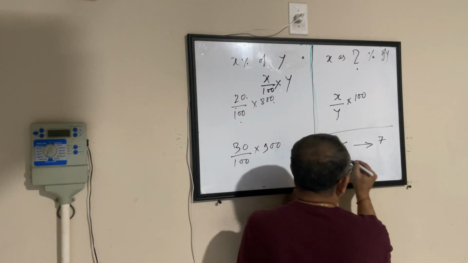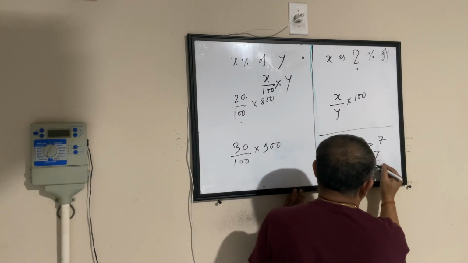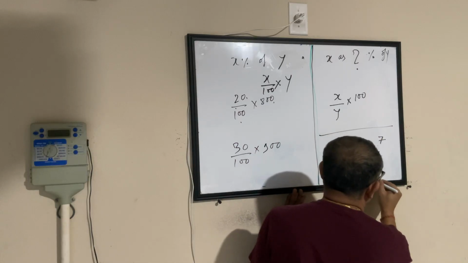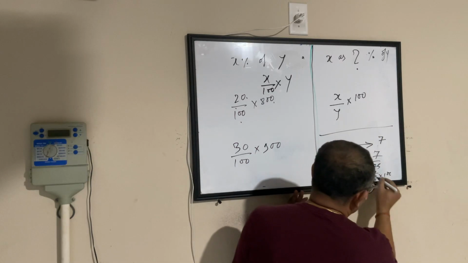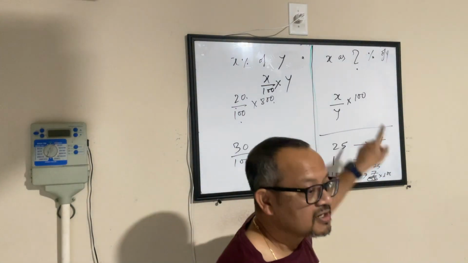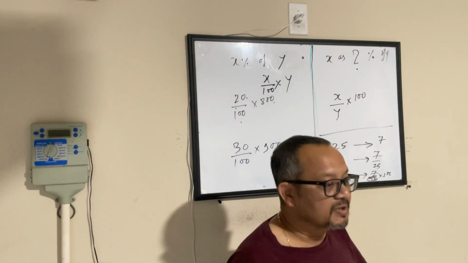So for $1 I'm getting 7 by 25 discount. For $100 we are getting 7 by 25 into 100. So 7 is what percentage of 25? That's what you are seeing here. So there are two essential calculations that you will do with respect to percentage.